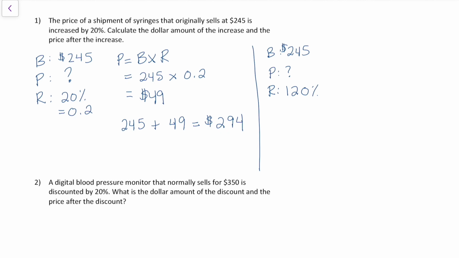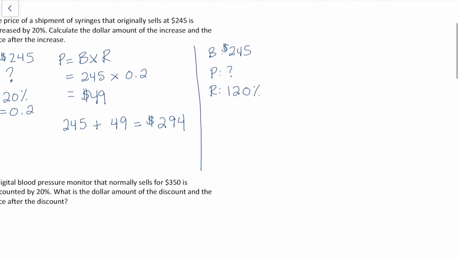So if it's increased by 20%, then how much is 120%? Because they're going to be paying 100% of the price, plus an additional 20%. So altogether, they're paying 120%.